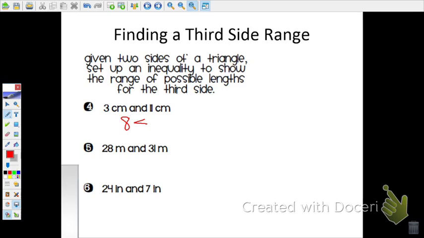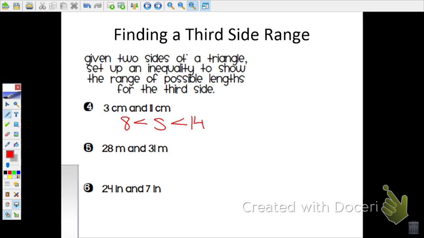We can choose any variable we want. I use S for side, but again, you can choose anything. We're going to put another less than symbol. And then to find the upper end of the range, we are going to add them together. So 3 plus 11 is 14.